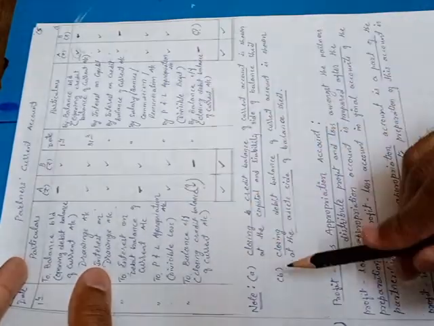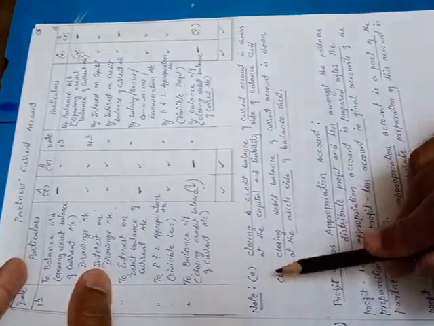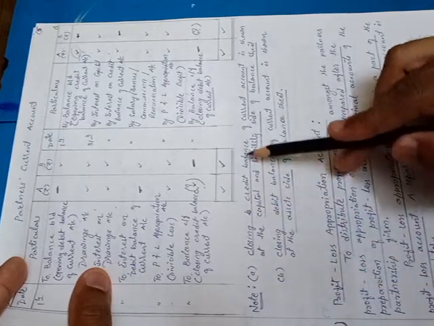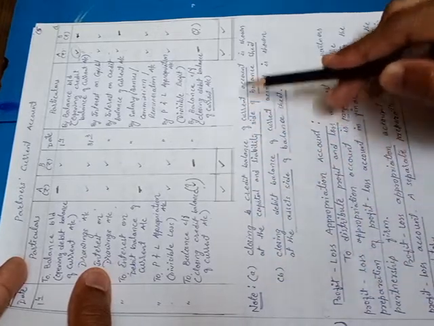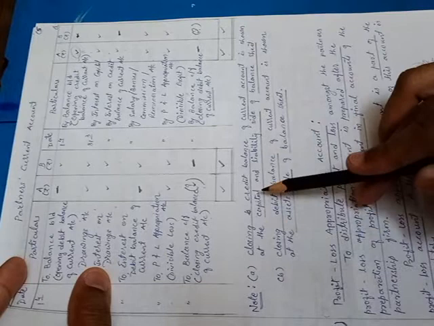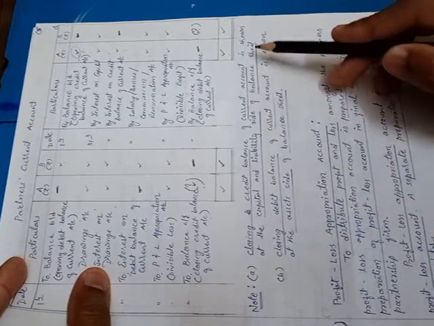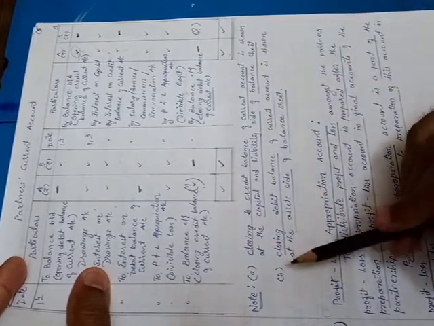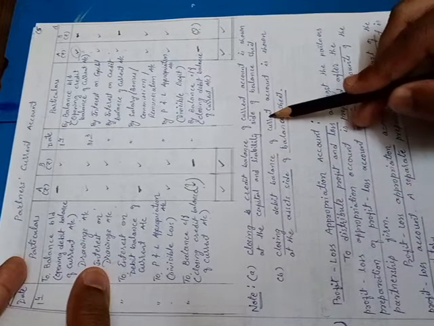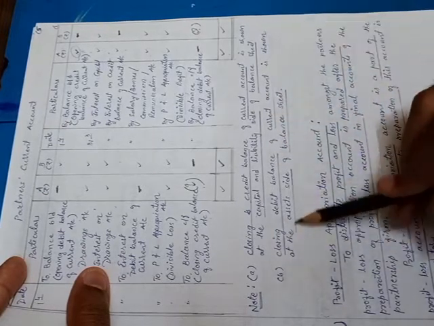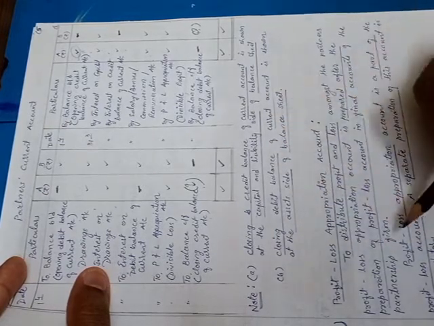I have already recorded a note over here, you can see. First note, closing credit balance of current account is shown at the capital and liabilities side of balance sheet. And second, closing debit balance of current account is shown at the asset side of balance sheet.